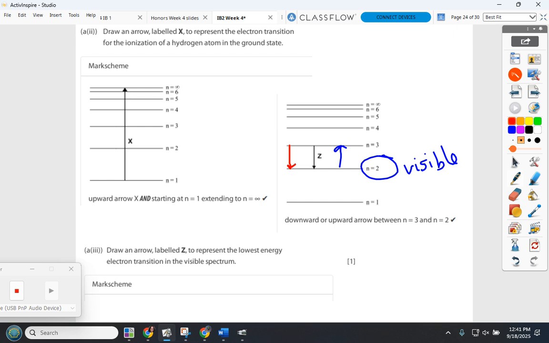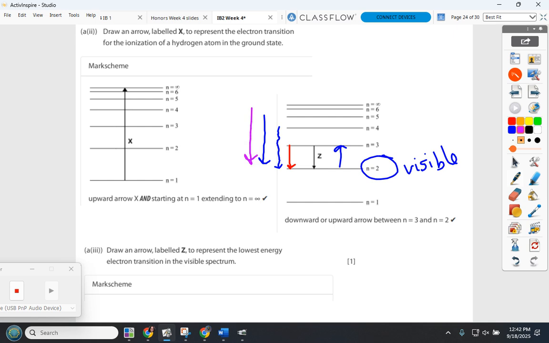So the n equals 4, I don't really have a teal option here, but this would be sort of blue, teal, and then n equals 5 would be more blue or violet. N equals 6 would be violet.